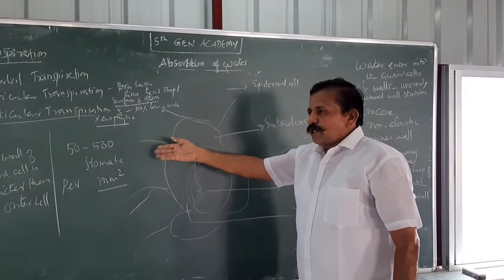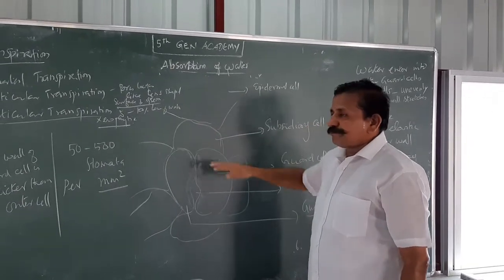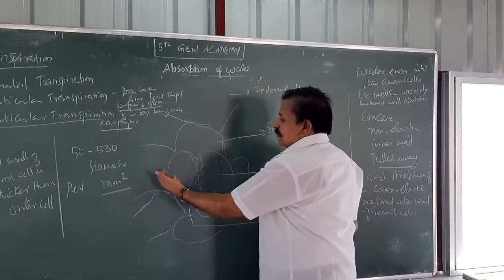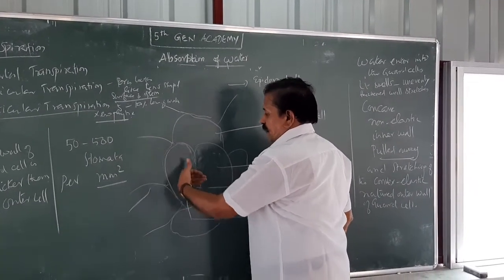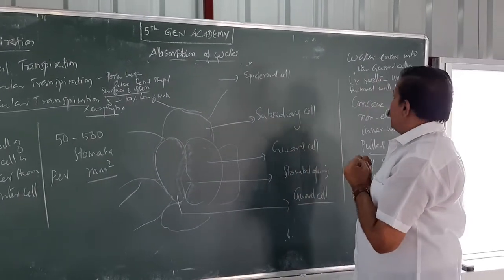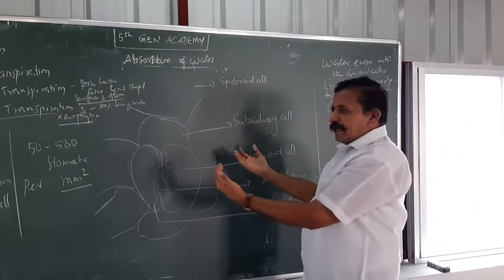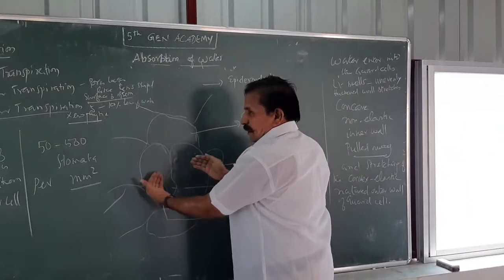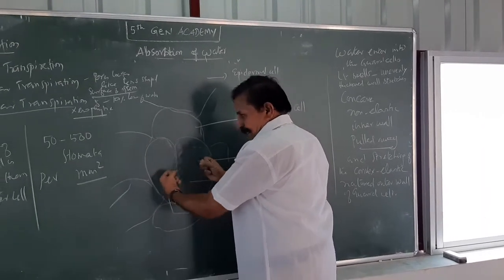After photosynthesis is over, the excess water comes out, but before that it reaches the guard cell through adjacent cells. The guard cell absorbs the water and swells, because there is a lot of starch and glucose in it.